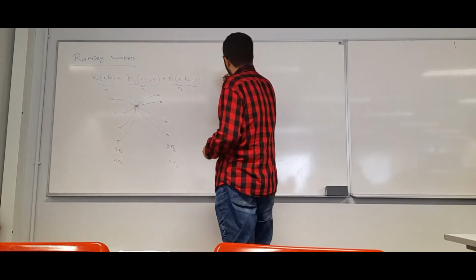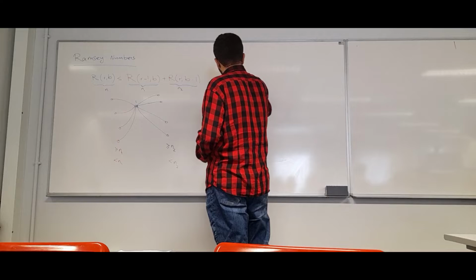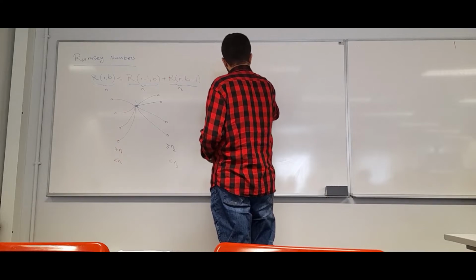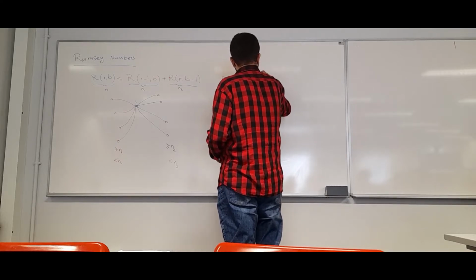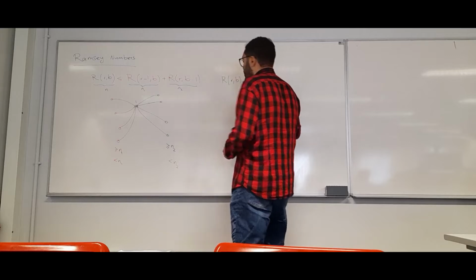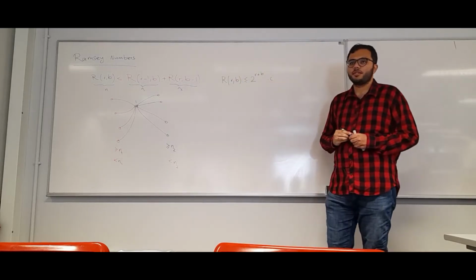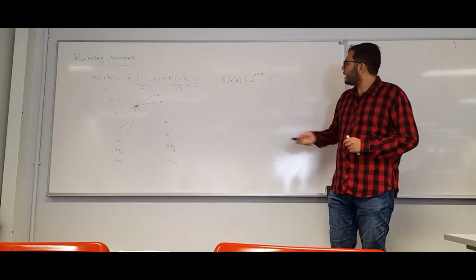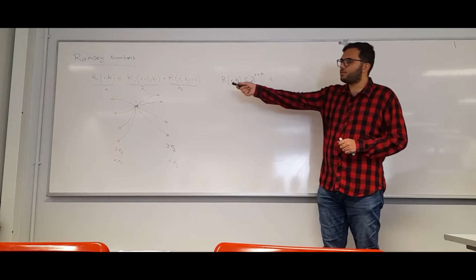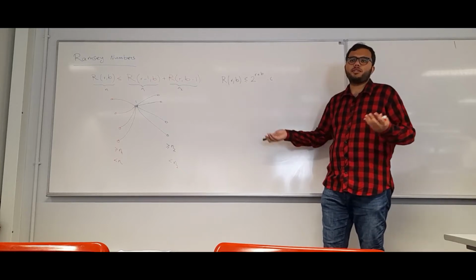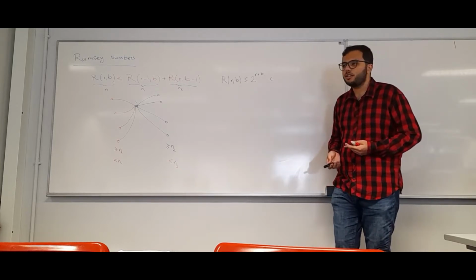So from that, I can conclude that the Ramsey number with parameters R and B is at most 2 to the power of R plus B times some constant. Okay? And the constant depends on Ramsey numbers for small values of R and B, and those are the things that you can compute by hand.